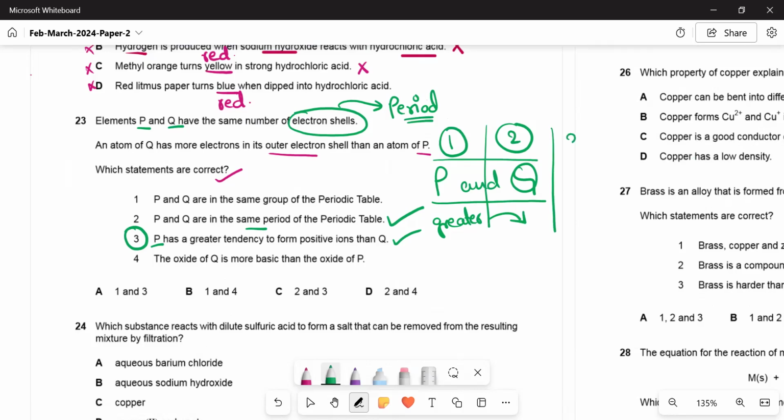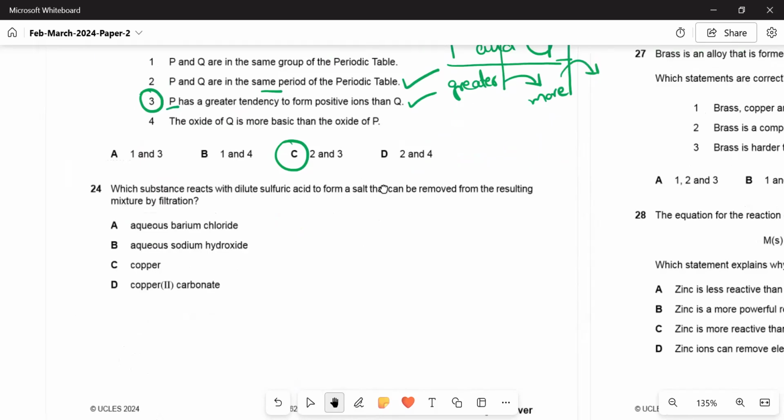Similarly, the element in group 2 has more tendency to form positive ions as compared to a group 3 element. So P has greater tendency to form positive ions than Q. This is correct. Here it's written that Q has more electrons, so it means Q is in the second group and P is in the first group. So options 2 and 3, option C is correct. The statements 2 and 3.